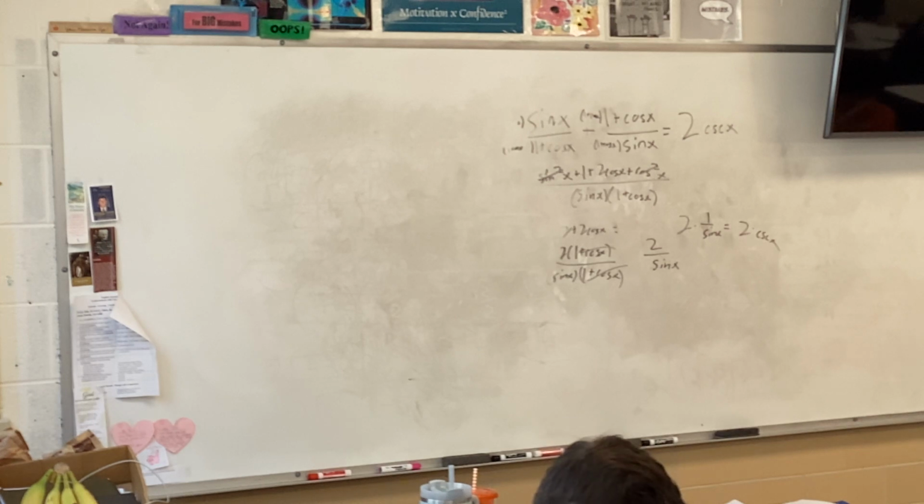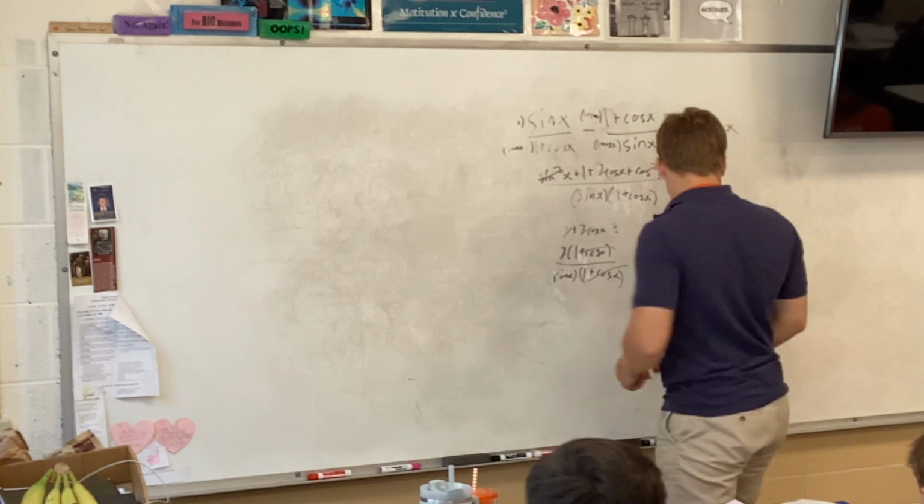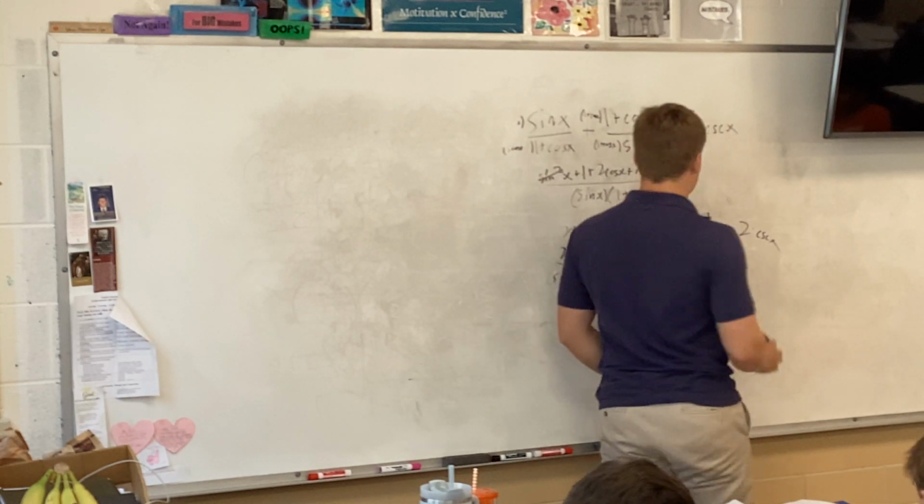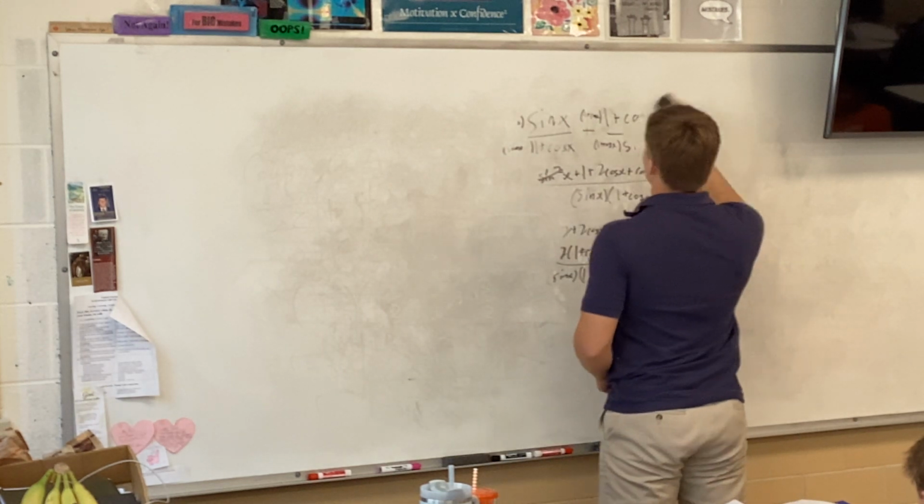Okay, so Xander, I need you to run this board. And then you are going to find an average rate of change. Can I erase this? Yep. You're gonna find an average rate of change.